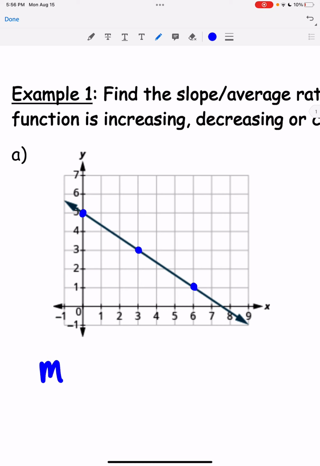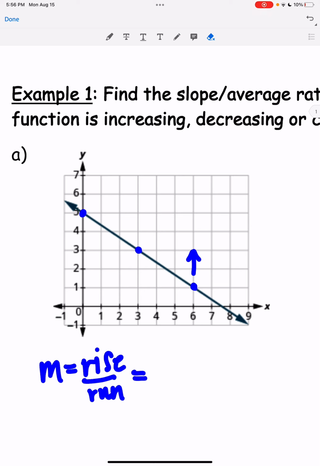We are going to use slope equals rise over run. Starting at 1 point, I'm going to start at this one here. I want to count up how many units we are going up. In this case, I'm going up 1, 2. So that's my rise.